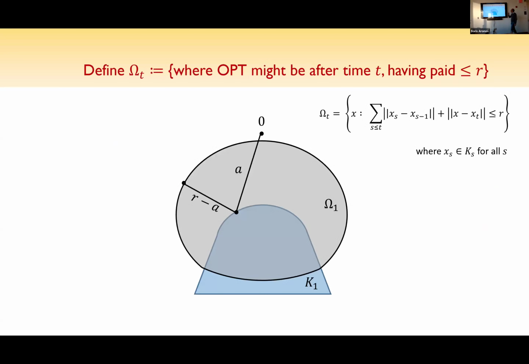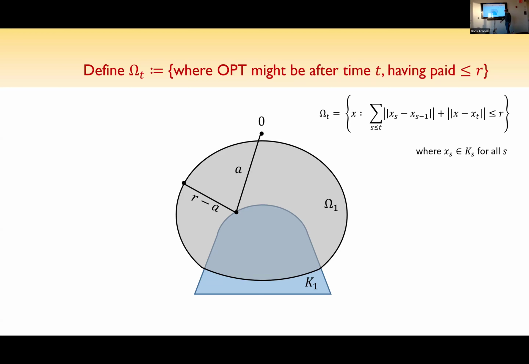Oh, what's omega? So omega_t says, look at all points x such that there exists a trajectory of length at most R, which satisfies all the inclusions. This is what opt could have done.